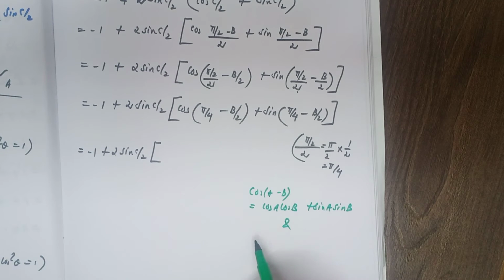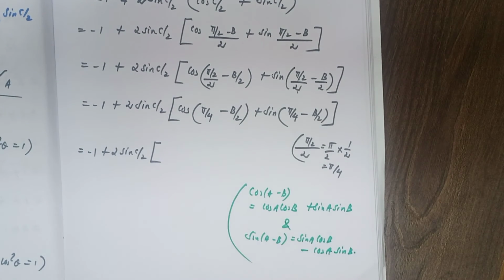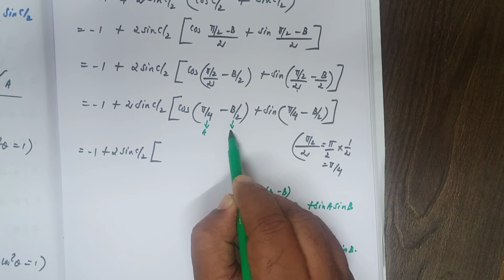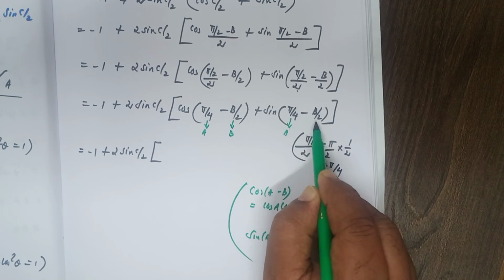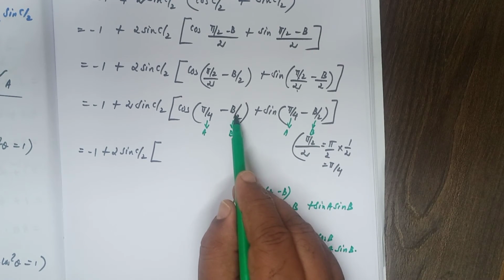And the sin of a minus b identity is sin a cos b minus cos a sin b. Now here this is a, this is b. So instead of a we have to replace pi by 4, instead of b we have to replace pi by 2.